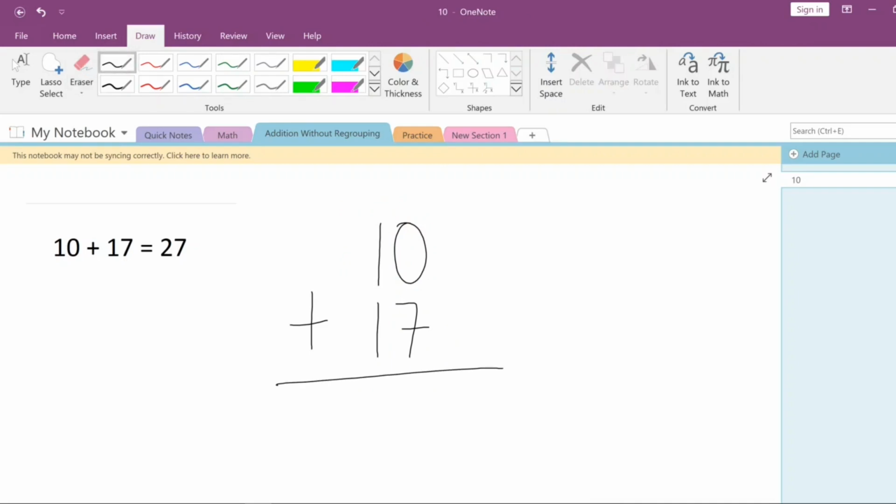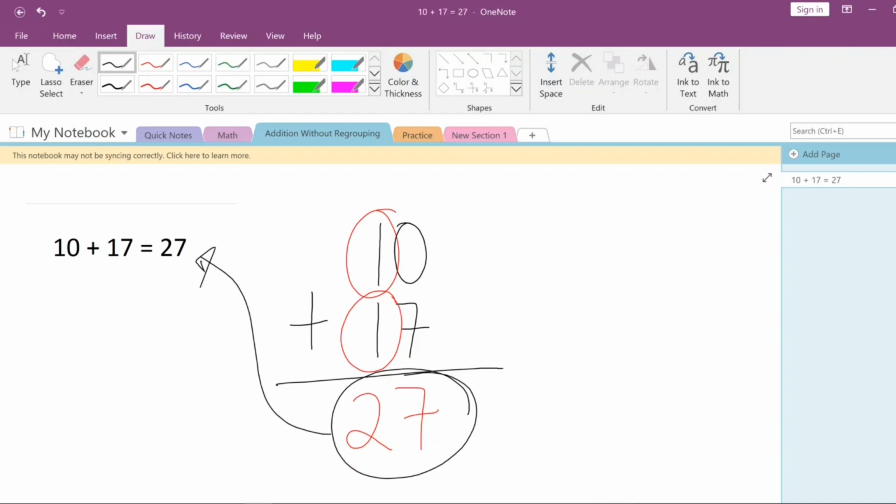So 10 plus 17. First, 0 plus 7 equals 7. Next, 1 plus 1 equals 2. So we've got 27. Do we have the same answer here? Yes, of course we do. We do have the same answer, which is 27.